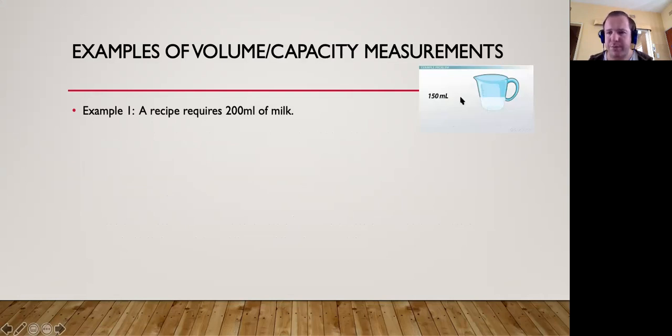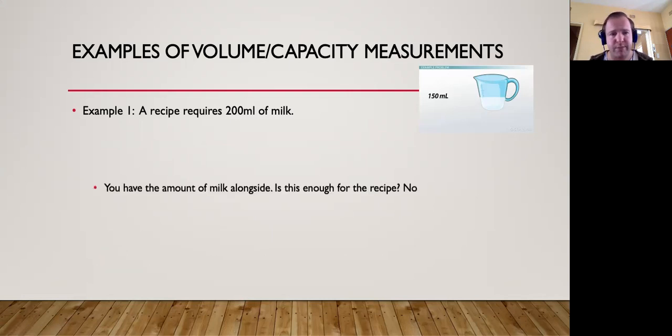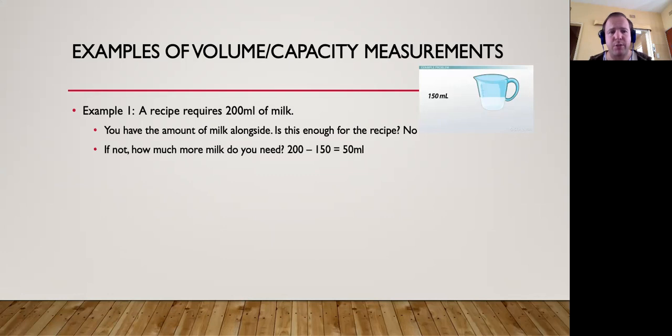The simple answer is no, because this 150 milliliters is less than 200 milliliters. How much would be needed? If I wanted to make this recipe, how much milk would I need if I've got 150? You simply work out the difference, which is 50 milliliters. That's a very easy example of what we're going to do today.